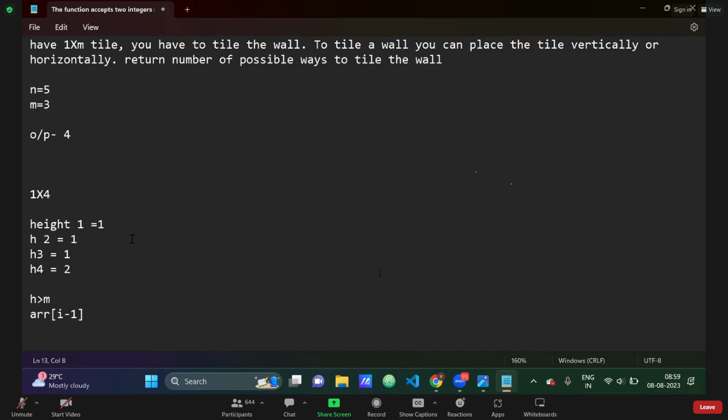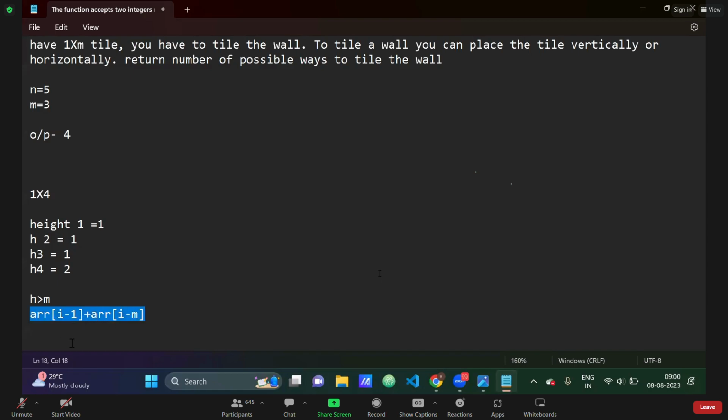If height is less than m value, the possibilities are 1. If height equal to m value, the possibility is 2. If height is greater than m value, then this is the condition: I minus m.